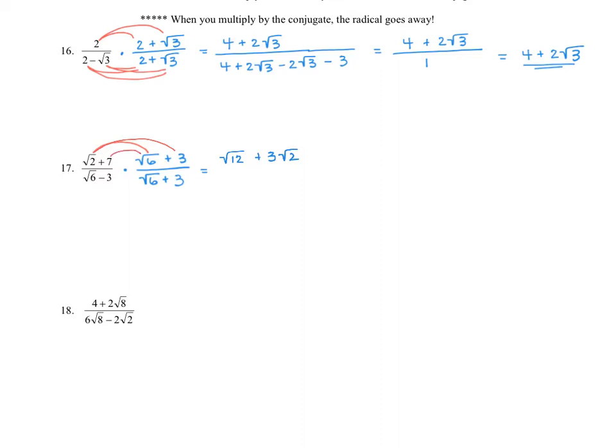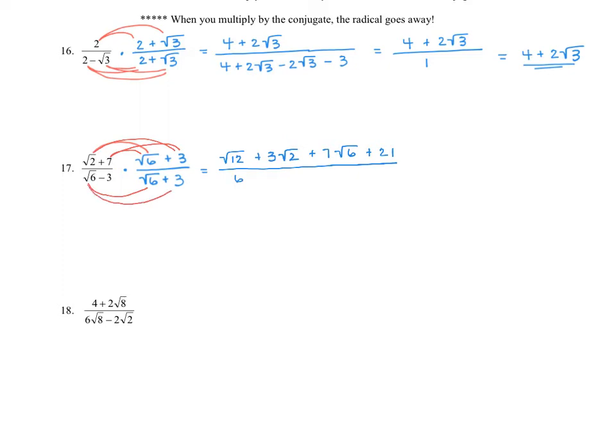7 times rad 6 is plus 7 rad 6, and 7 times 3 is plus 21. In the denominator, when we double distribute or FOIL, we'll have rad 6 times rad 6, which is simply 6.